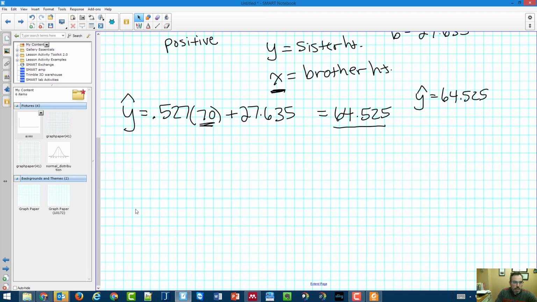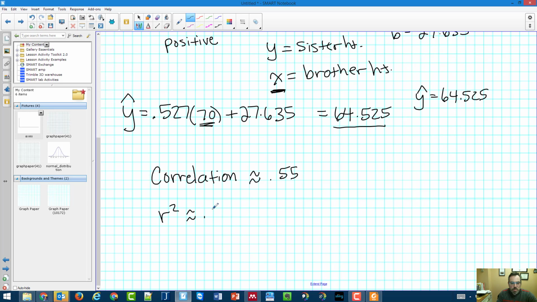I have found out that my correlation was approximately 0.55, and this r squared value was approximately 0.31, which, just double checking that, was approximately 0.55 squared. All right, so these two statistics kind of go hand in hand, and it's not always the easiest thing for us to understand.